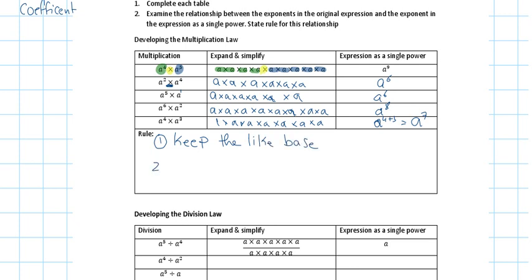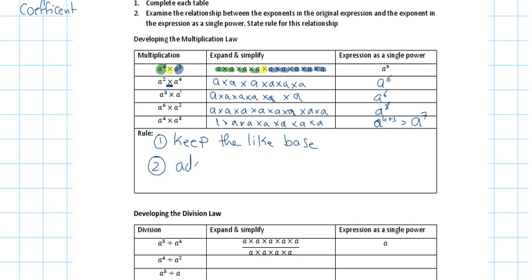So if I have A or B or whatever you want, the base to the power of m times A to the power of n, I keep my base, which is A, and then I add the exponent. Does that make sense? We can say m n. No, it's multiplication. It's m plus n.